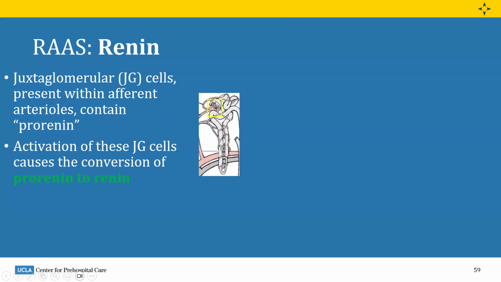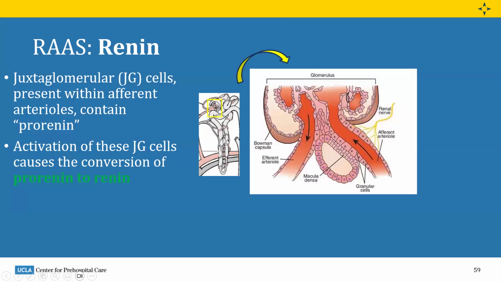Let's zoom in on our renal corpuscle. So our glomerulus with our Bowman's capsule. That's off screen here, but the glomerulus is here, and then Bowman's capsule is here. And then we also see our afferent arteriole and our efferent arteriole exiting.